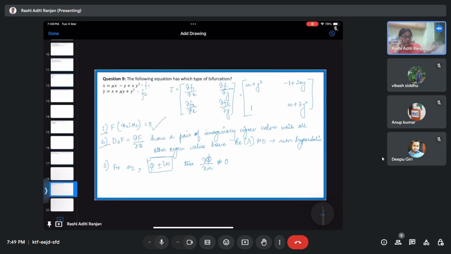Now if I talk about the second condition, which says that for the Jacobian, a pair of eigenvalues should be imaginary. Other eigenvalues I'll just leave, because for now my equation is two-dimensional, so the maximum number of eigenvalues I'm going to get is 2. And if a set of imaginary eigenvalues exists, both of them are going to be imaginary only.